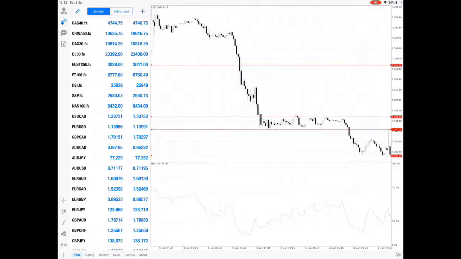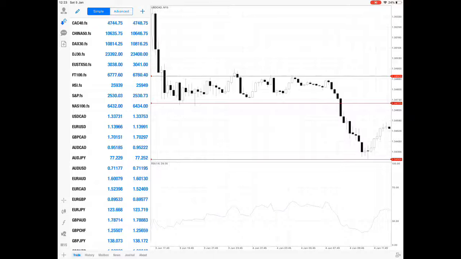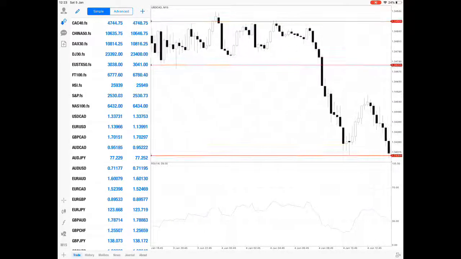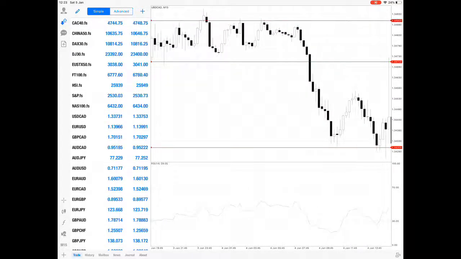Pull back a little bit up to here, we see all the white candlesticks, but again failed to break that new resistance level. That big spike there, if I zoom in a little bit, so quickly, that big spike there was the announcement of the NFP, which was a lot better than anticipated.